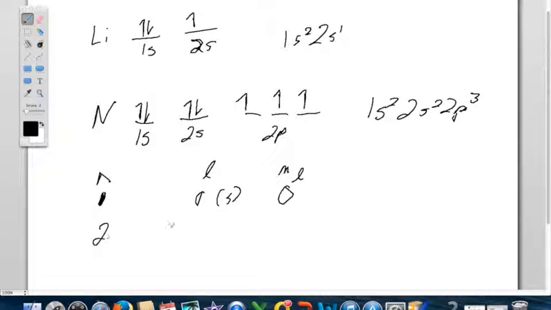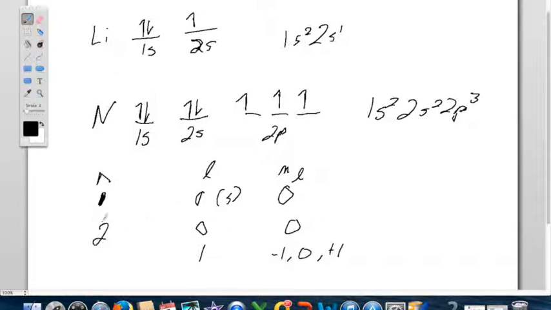Remember, if you have an n of 2, now we're talking about the second shell. The L values are 0 and 1. The m sub L values for an L of 0 are 0. The m sub L values for an L of 1 are -1, 0, and +1. So again, what do these tell us?